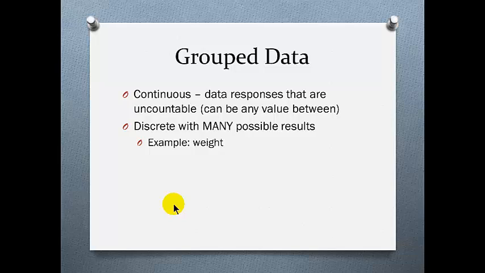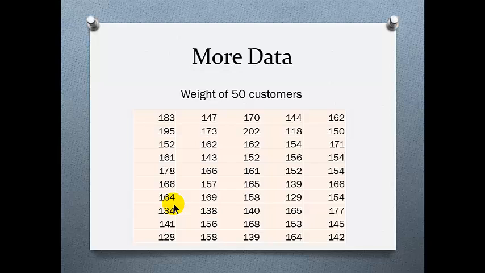There are lots of values in there, and we don't want to make our chart cover every single weight. 110, 111, 112, 113, 114, 115. That's not going to be any more useful than all the spread out data. And so we're going to group those data values together as well. So that's where we want to use grouped data.